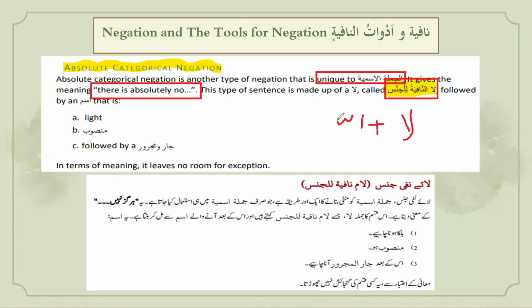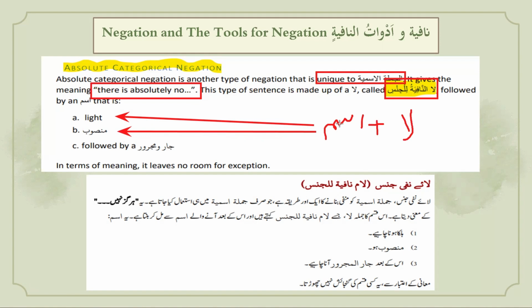The first condition for that ism is that it should be light, and it should also be mansoob and nakra. So the condition is it should be light, nakra, and mansoob.